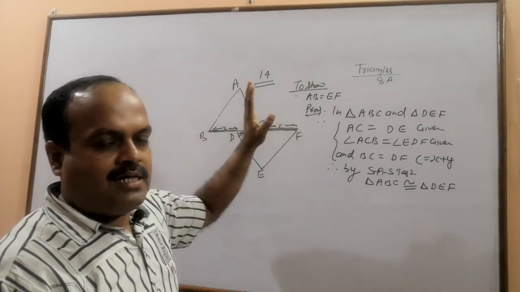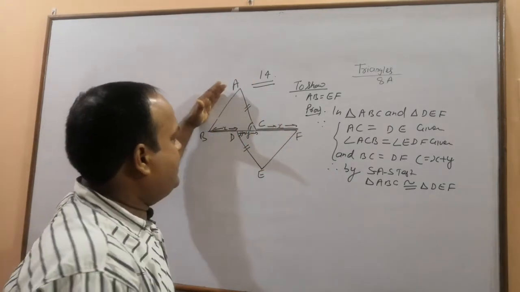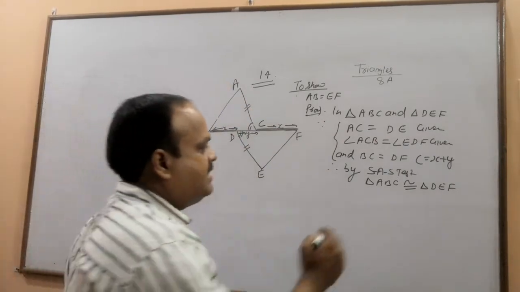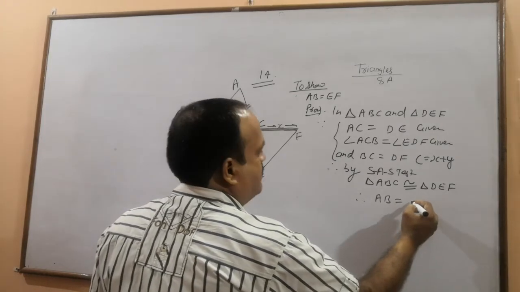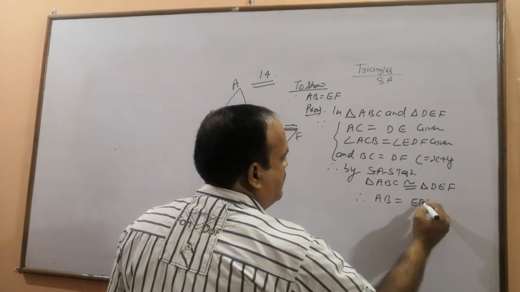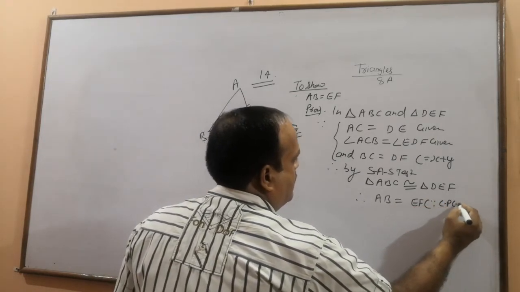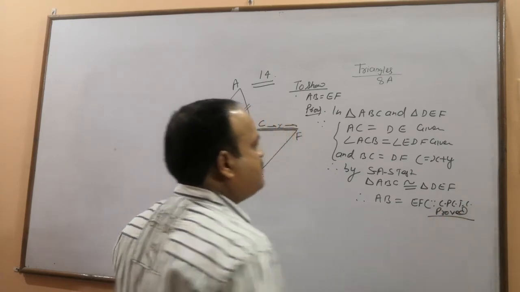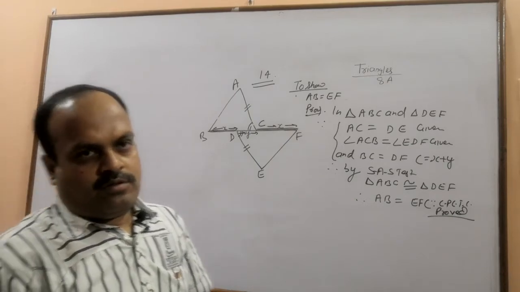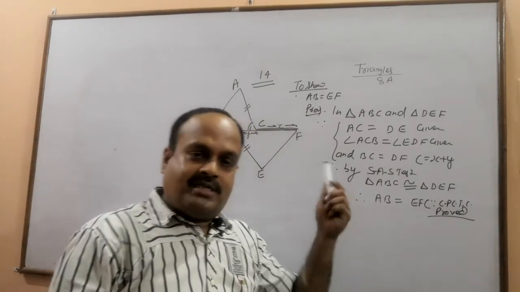By SAS the triangles are congruent, therefore the part AB equals to EF, CPCTC. Proved. Very easily we have got the result.